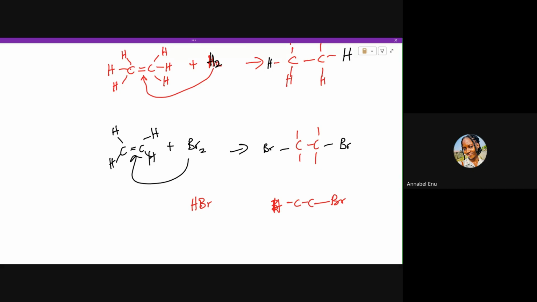Okay, and also hydration reaction. When we hear hydration, what comes to mind? Water. So it has to do with when unsaturated hydrocarbons react with what? With water.